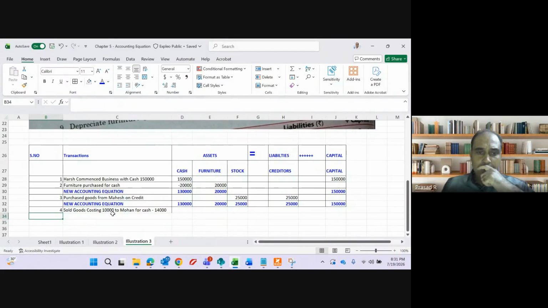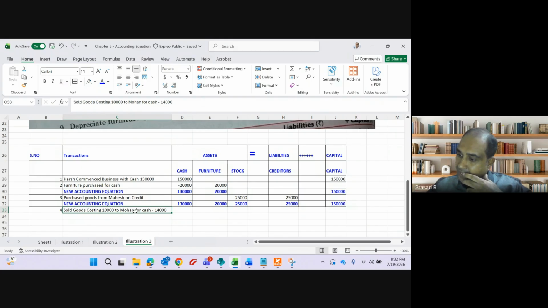Sold goods costing 10,000 to Mohan for cash, and the amount is 14,000.